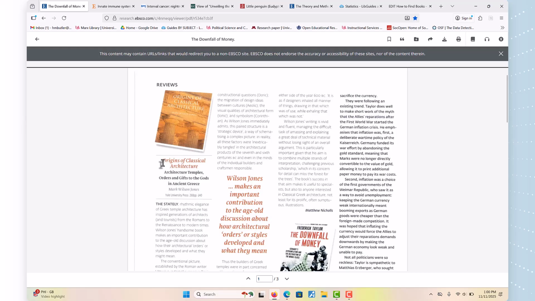Ways to identify these kinds of book review articles are that they usually start with the citation information of the book that's being reviewed, which is what we can see here.